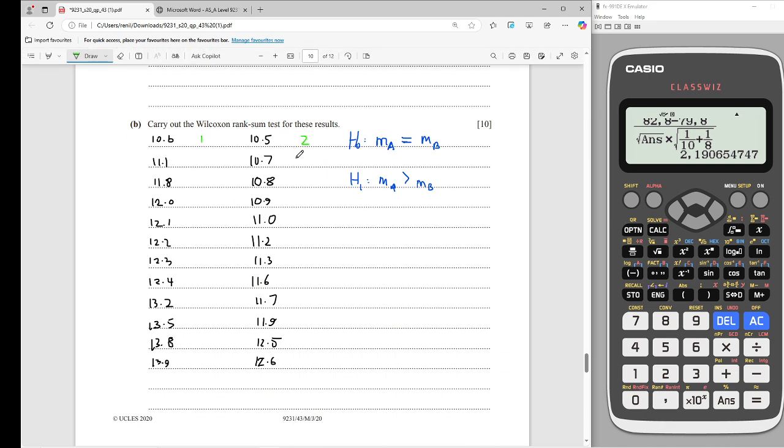So 1, 2, this becomes 3, 4, 5, 6, 7, 8, 9, 10, 11, this becomes 12, 13, 14, 15, 16, 17, 18, these last two become 19, 20, and therefore these must be 21, 22, 23, 24.